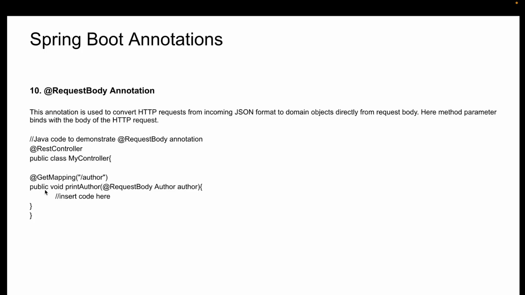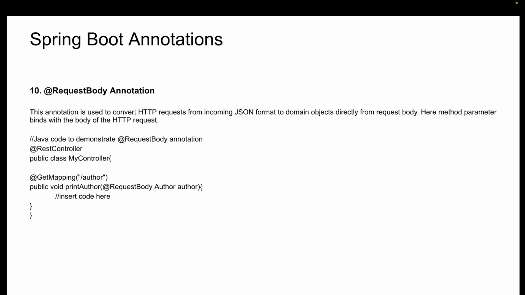We are trying to define public void print author, and we are using the annotation @RequestBody author. So when we use @RequestBody, that means along with the URL, we are passing some kind of JSON in the payload.